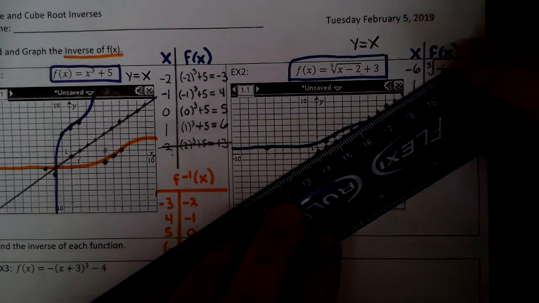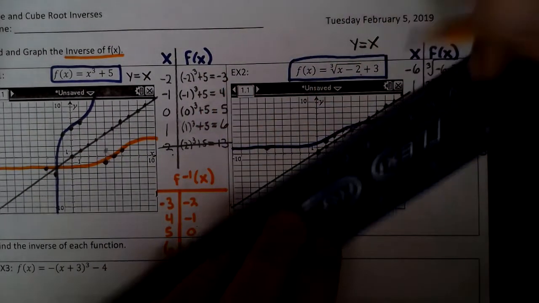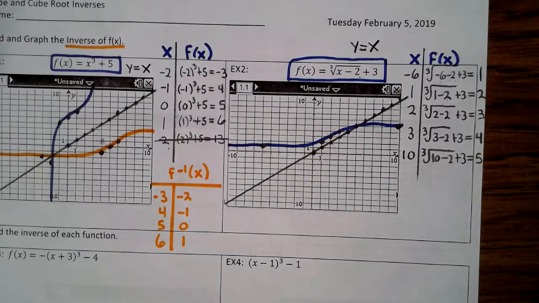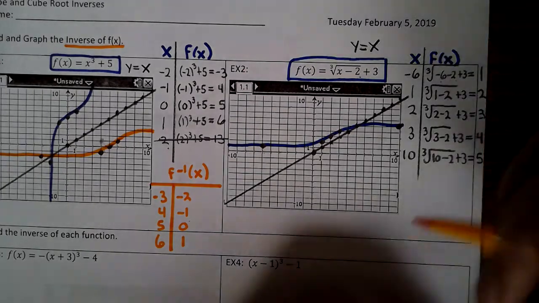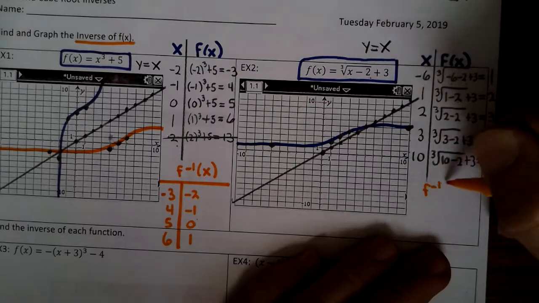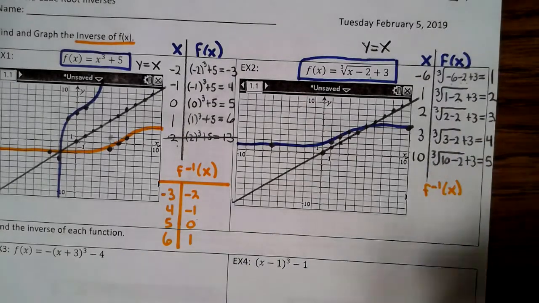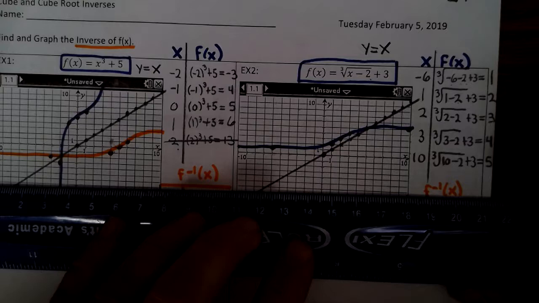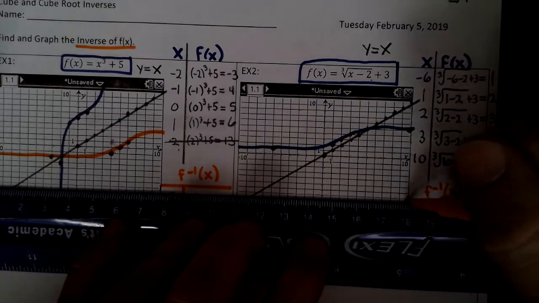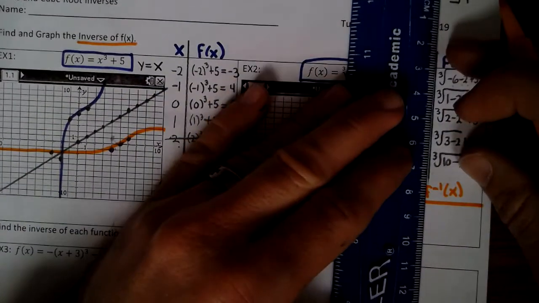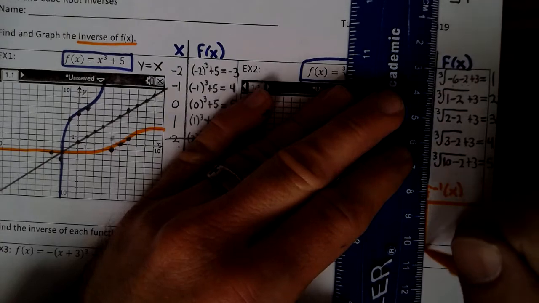Okay, now for f inverse of x, we just switch the values.